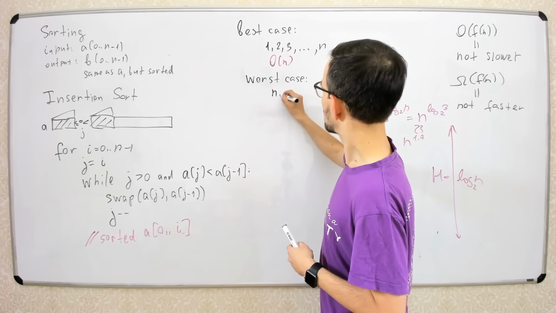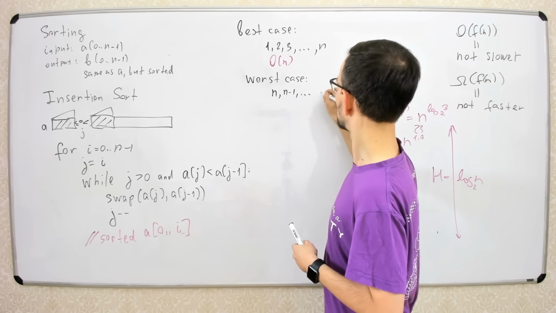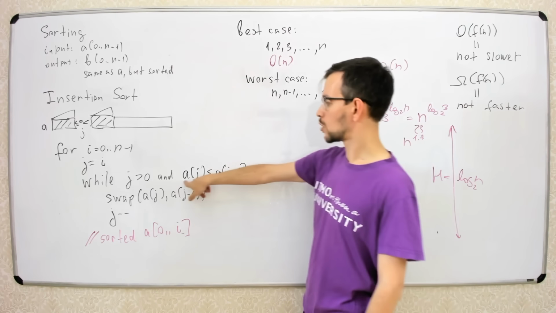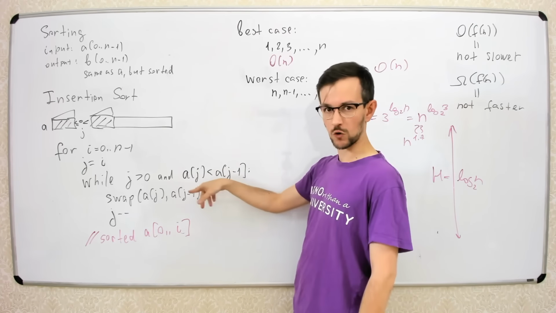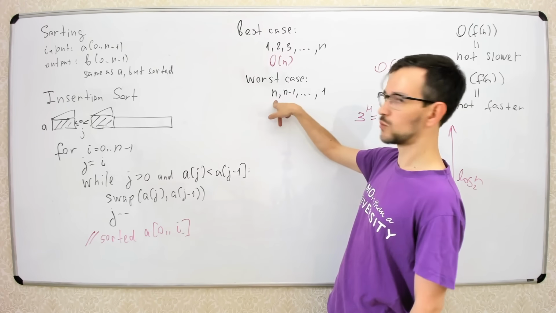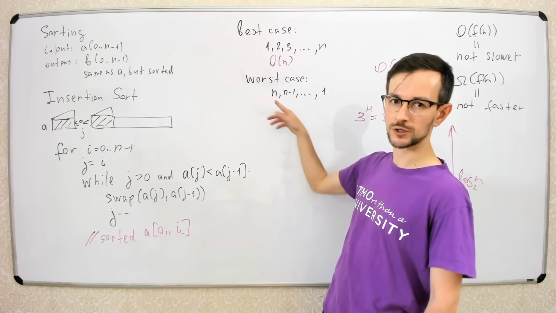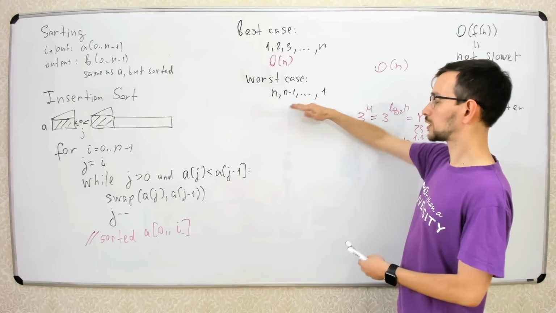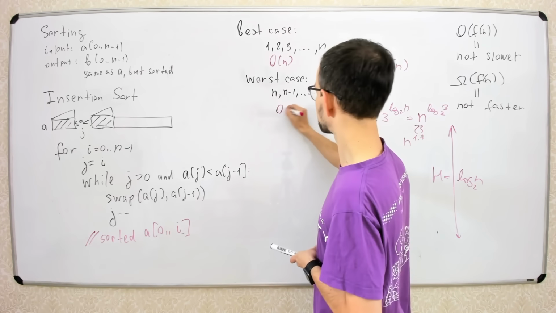Yes, when we have array n, n minus 1, and so on, 1, then each time we go into this while and make this swap. So we first move this element to the left, this element moves twice, this element moves 3 times, and so on. The last element will be moved to the first position. So the time complexity here will be n squared.